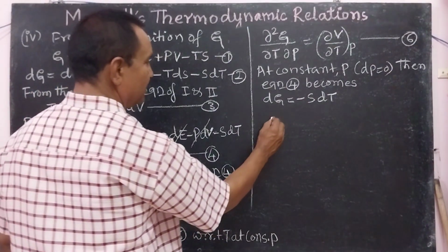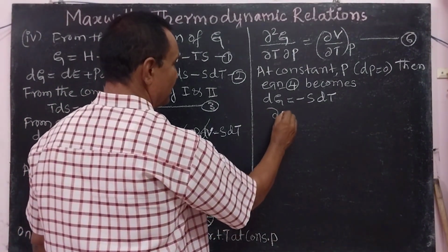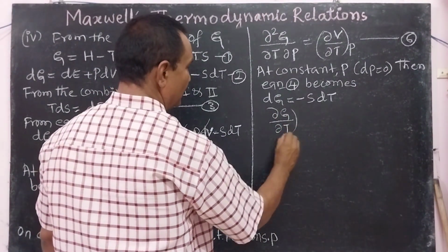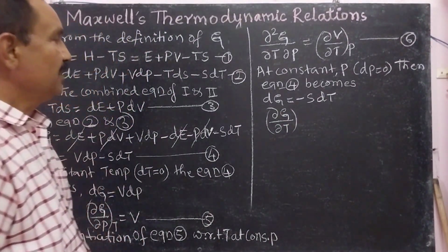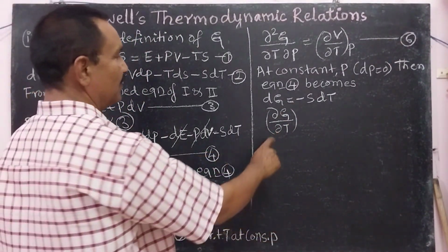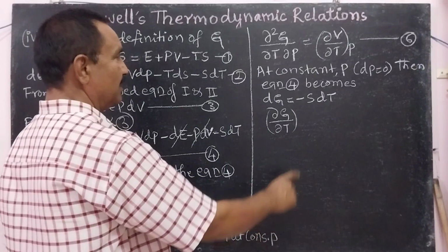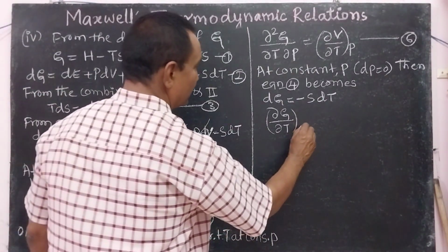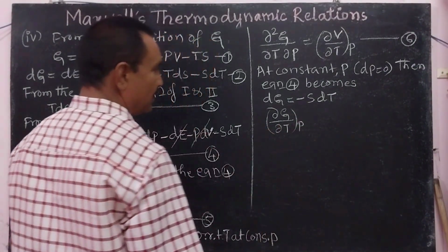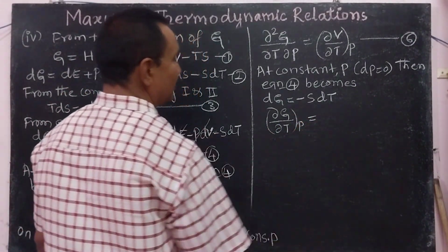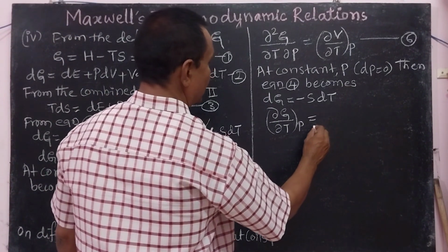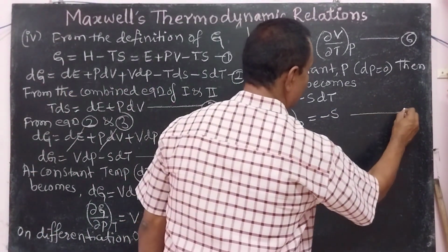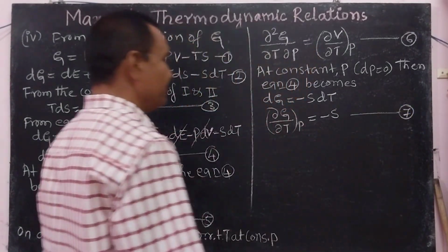Then on rearranging this equation, we get ∂G divided by ∂T, differentiating with respect to T at constant P, equal to minus S. Suppose this is equation 7.